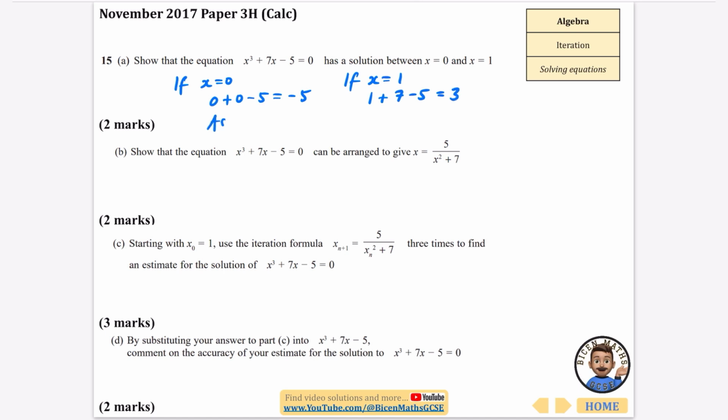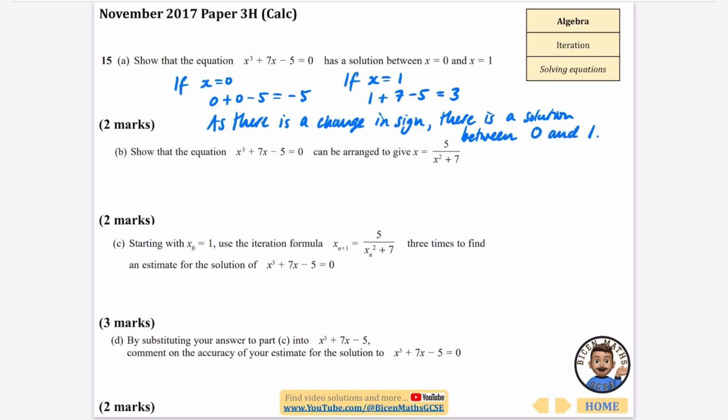So as there is a change in sign, from negative 5 to positive 3, there is a root or a solution between 0 and 1.